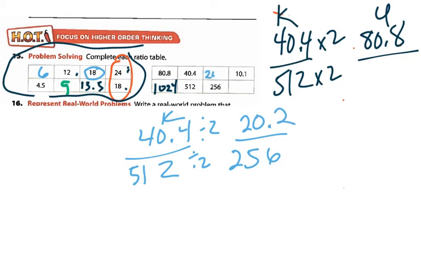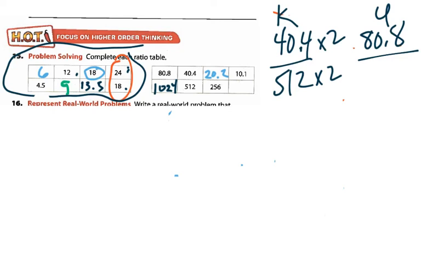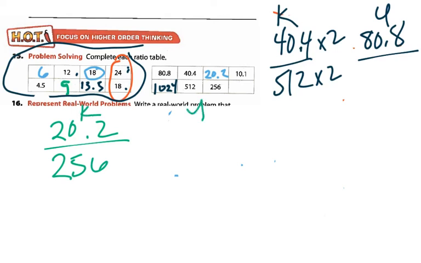So I'm going to fill that in. Okay. And now I have my 20.2, right, over 256. That's my K. And my U is 10.1. Well, same thing. I'm dividing by 2. So then I have to divide my denominator by 2. And if I take 256 and I divide that by 2, I get 128.